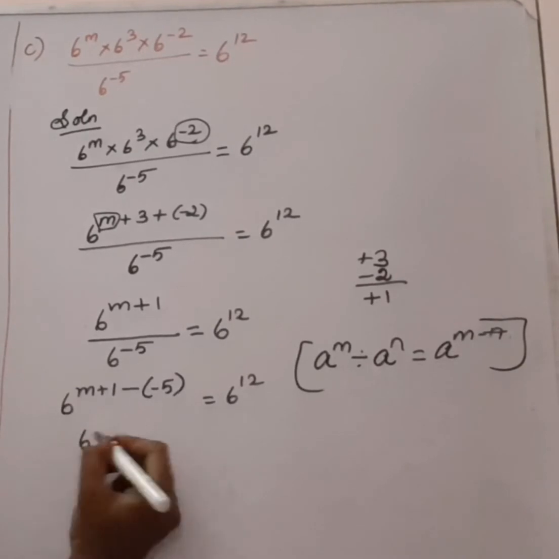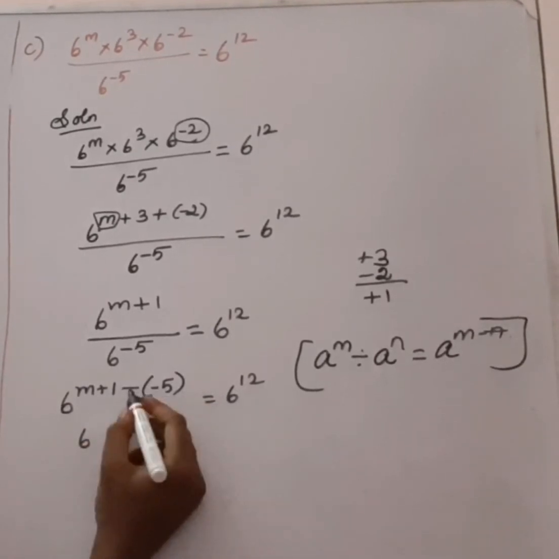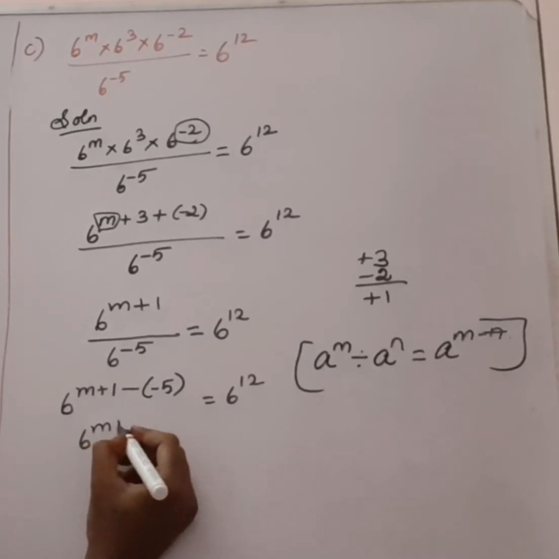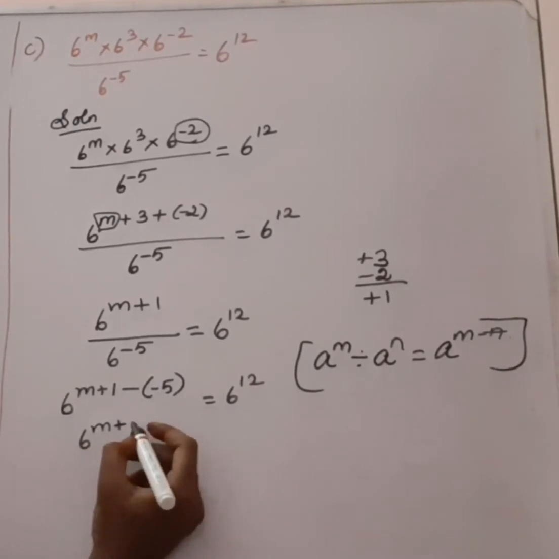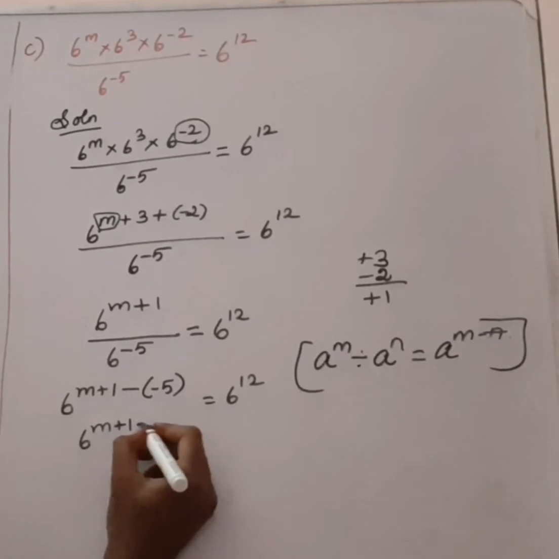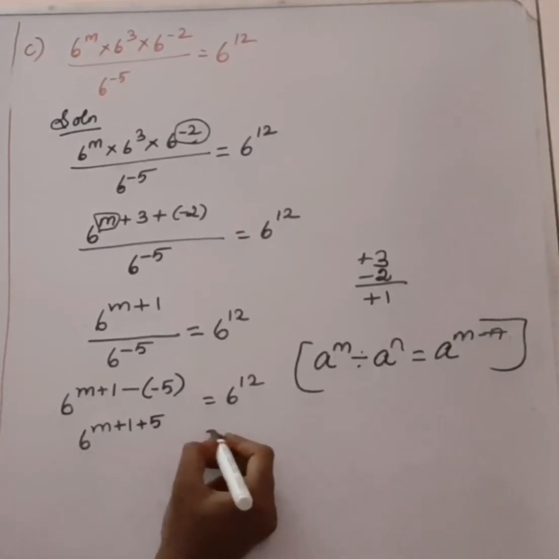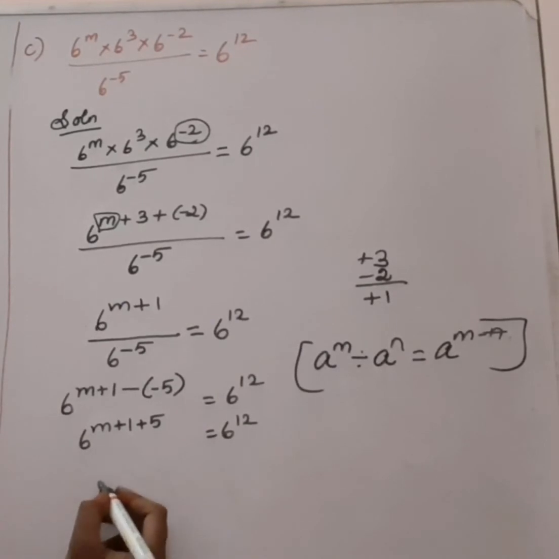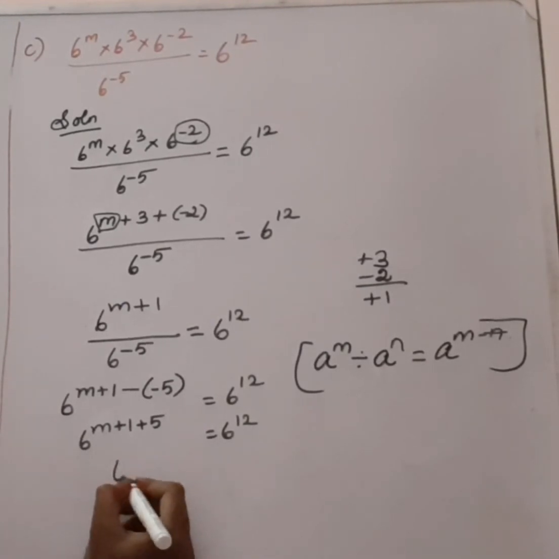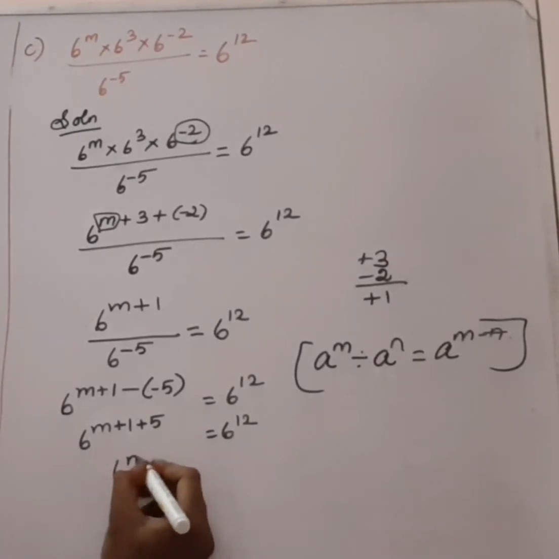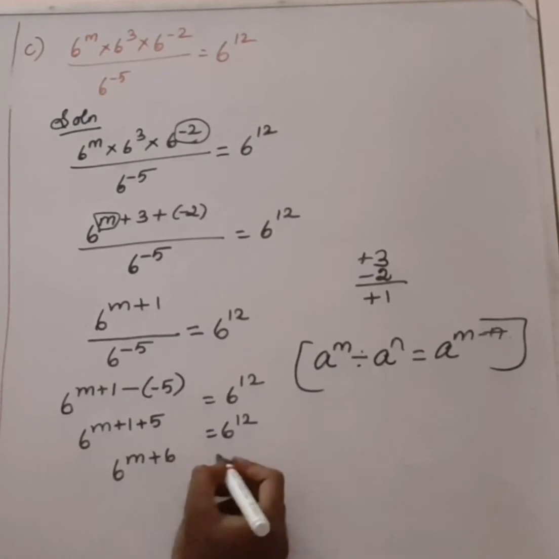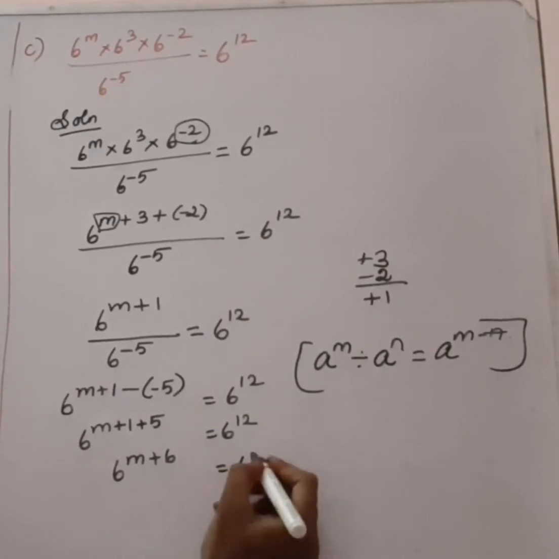Now here minus into minus becomes plus. So it becomes 6 power m plus 1 plus 5, we get the value as 6, equal to 6 power 12.